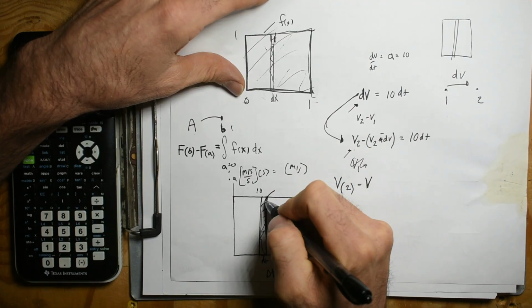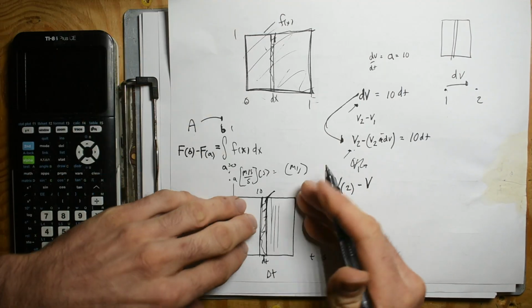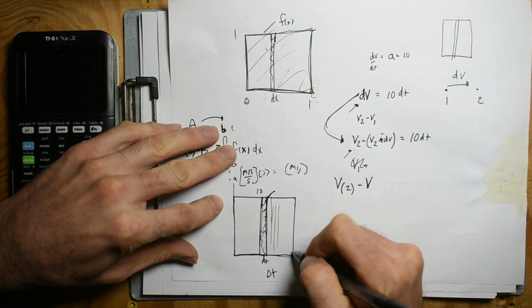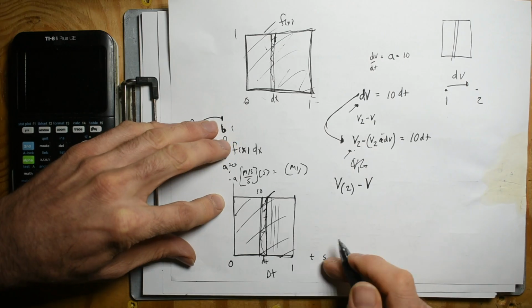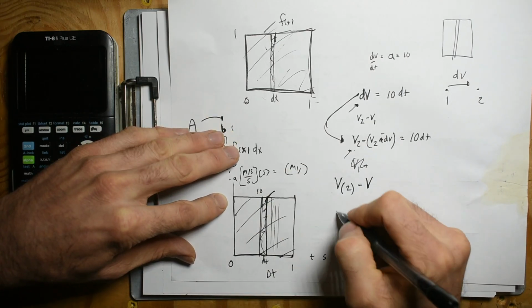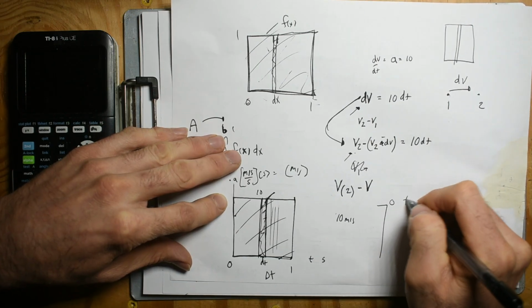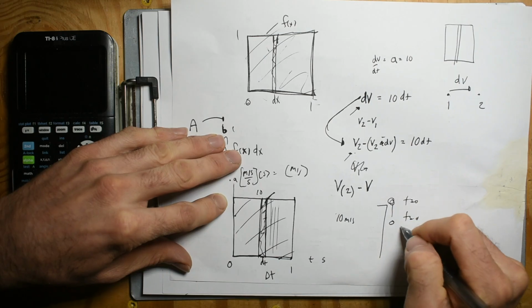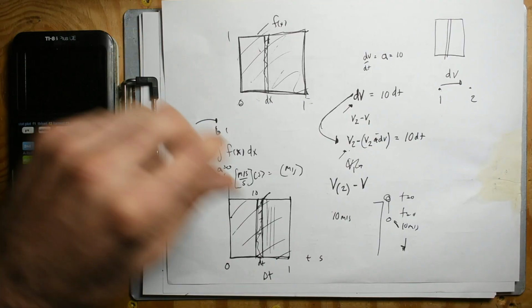Maybe that's irrelevant, but if I actually sum them up, then I would get something relevant. The area under the curve between 0 and 1 seconds now represents a change of 10 meters per second, which is free fall. Time equal to 0 to time equal to 1, this ball is now going to have a velocity of 10 meters per second in the down direction.